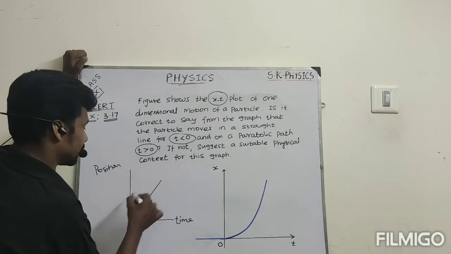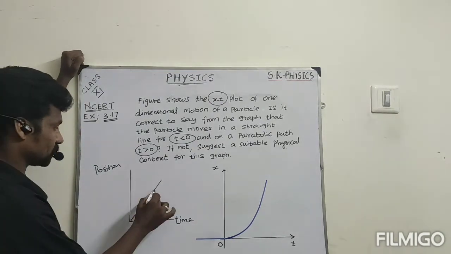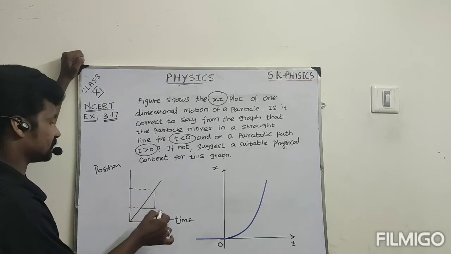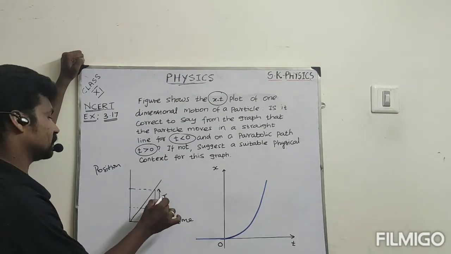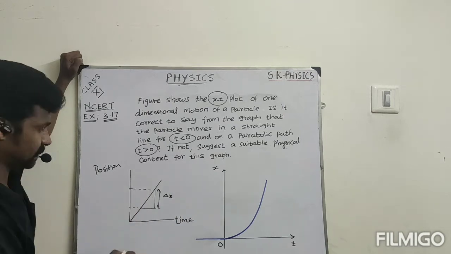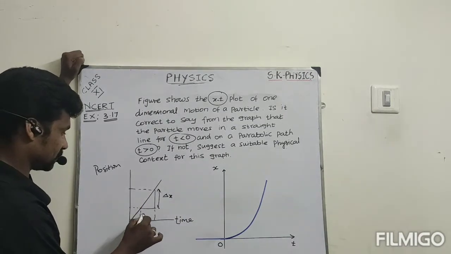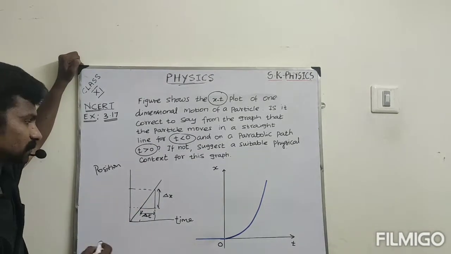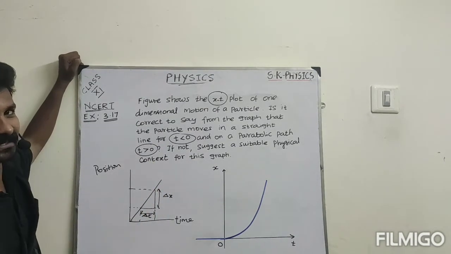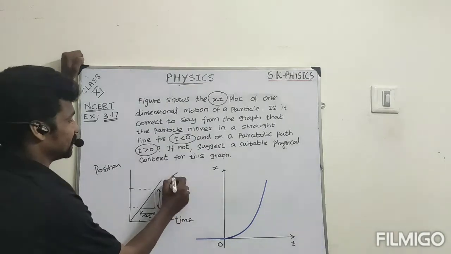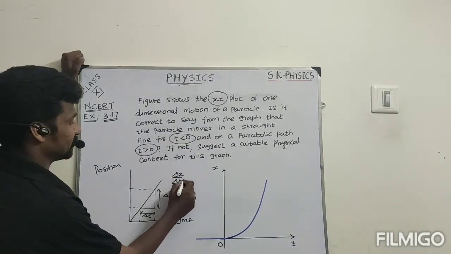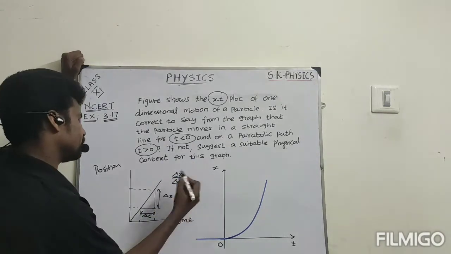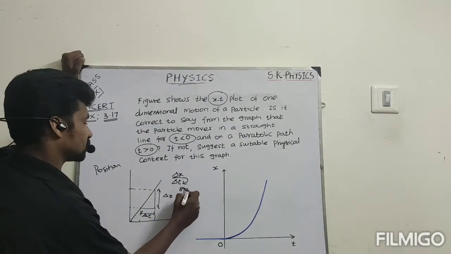So you remember this diagram, this is the slope. So on the y-axis the change in position is like delta x, on the x-axis that is delta t. So delta x divided by delta t, what is that? Yes, delta x divided by delta t. Generally we can say change in position divided by the change in time. That is what? It is a speed.